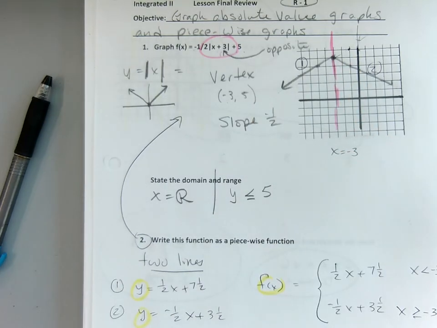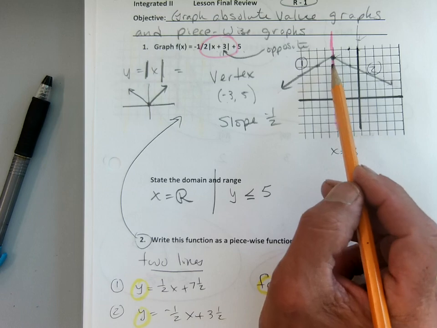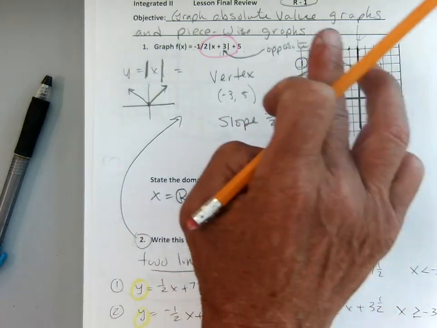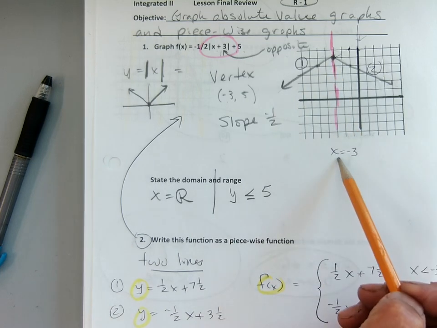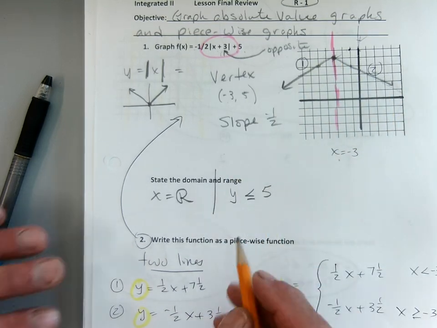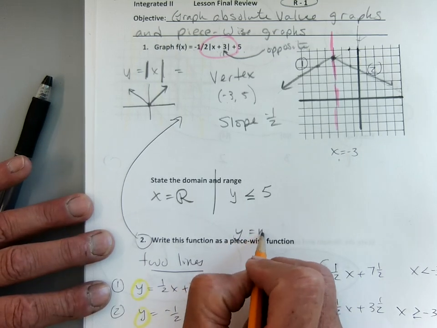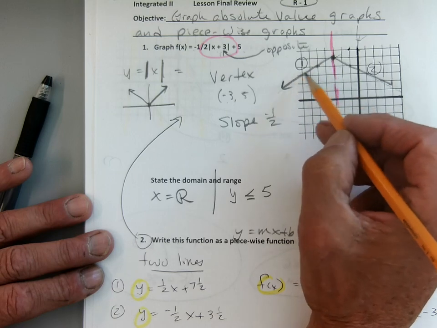a piecewise graph. So what I did is, first, the 2 pieces are connected here. Okay? So to make this into a piecewise graph, the 2 pieces are connected here at x equals -3. So I have 2 lines, line 1 and line 2. Line 1 using y equals mx plus b. Line 1 is up 1 over 2, up 1 over 2, okay?